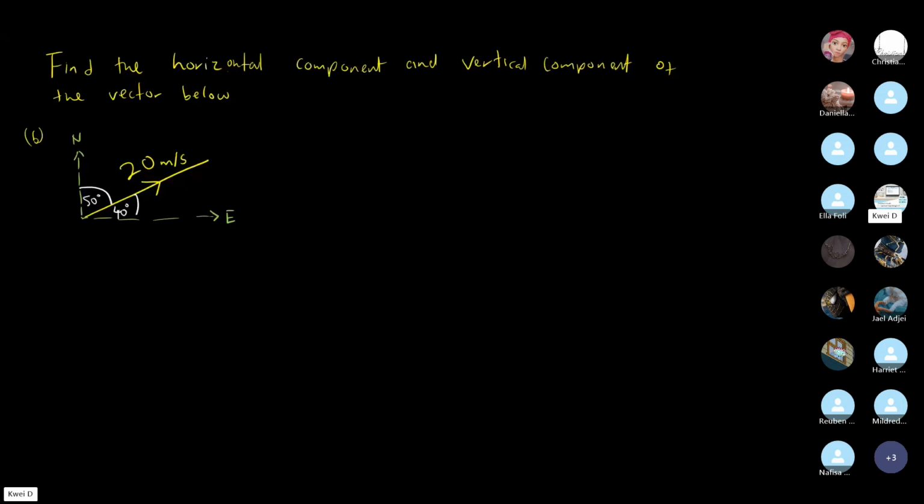All right. So let's find out. What did you get for your horizontal component? And then what did you get for your vertical component? For the vertical component, I had 12.86.